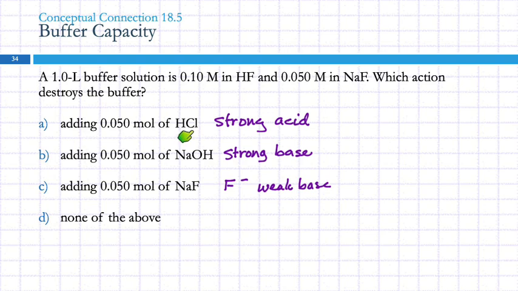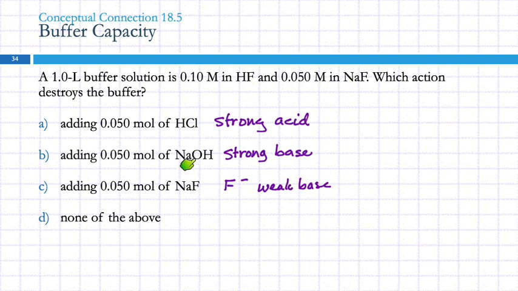If I add HCl to this buffer, which of these is going to need to neutralize the HCl? The weak acid or the conjugate base? Which one will neutralize HCl? The conjugate base will neutralize added acid. So adding acid, it's going to need this guy.